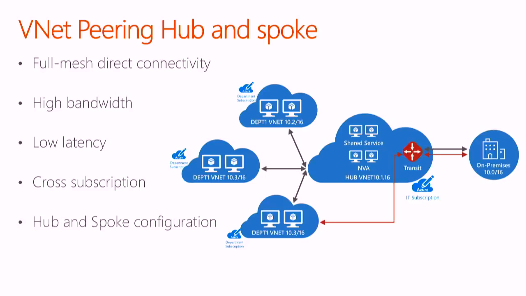And also, now the central IT person can have a shared security appliance and say, hey, anytime these teams need to go to their on-prem, they will have to go through me, and I will make sure their traffic goes through the appliance.